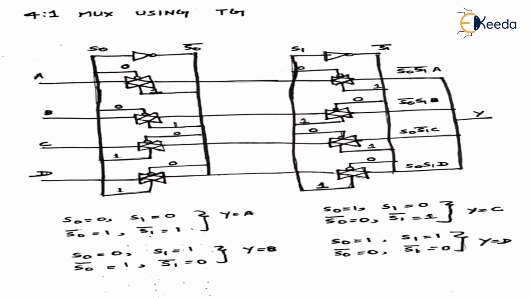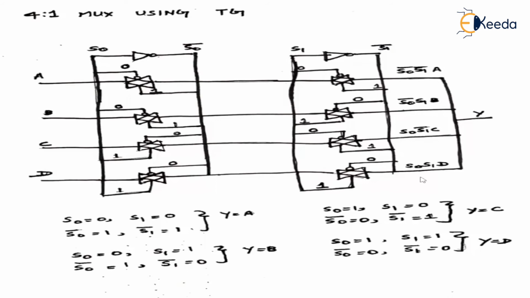So I have drawn a static inverter here. I have taken S0 over here and S0 bar on the opposite side of the inverter. Again, I have used another inverter for the select line S1 and S1 bar. I have drawn two lines so that I can take wherever I want S0 and wherever I want S0 bar. In the same way, wherever I want S1 and S1 bar.